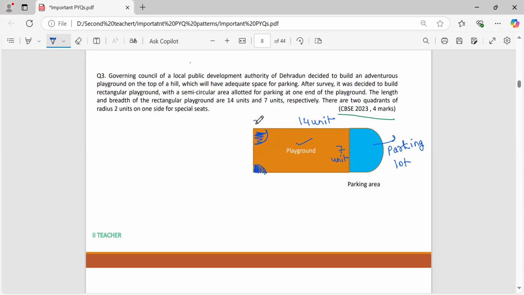And here the radius is equal to 2 unit. Okay, this is 2 unit radius. Let us write it a little properly. So here the radius is 2 unit. Let us write that first. Here the radius equal to 2 unit and this side is 14 unit, right?